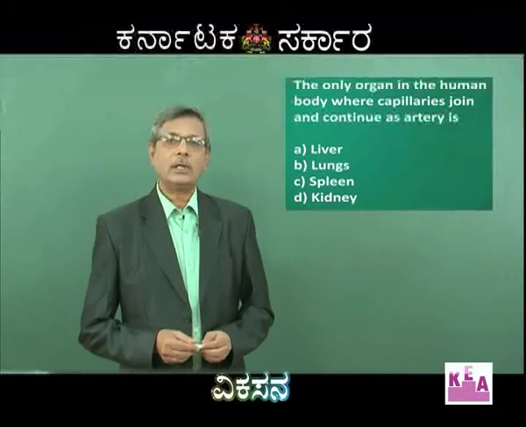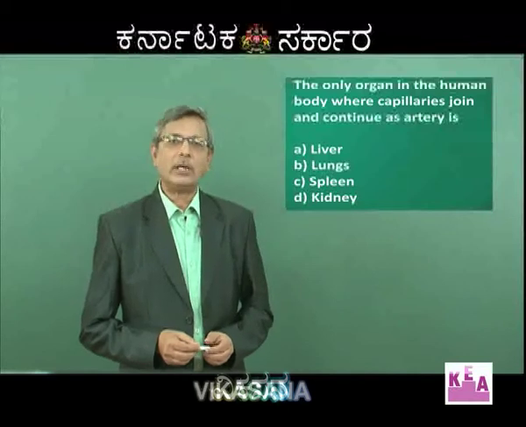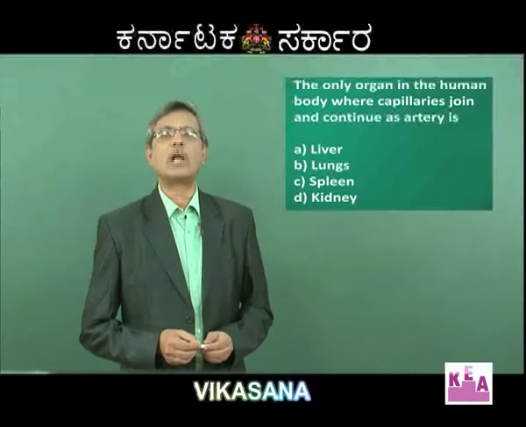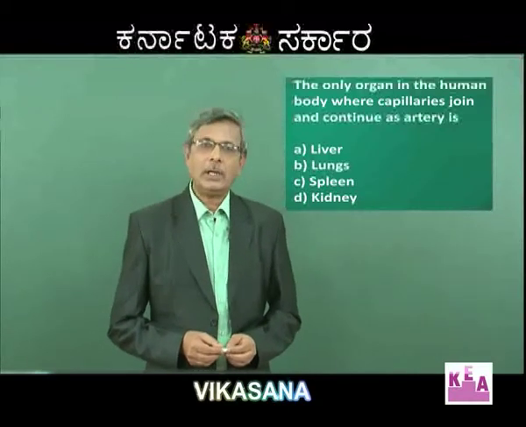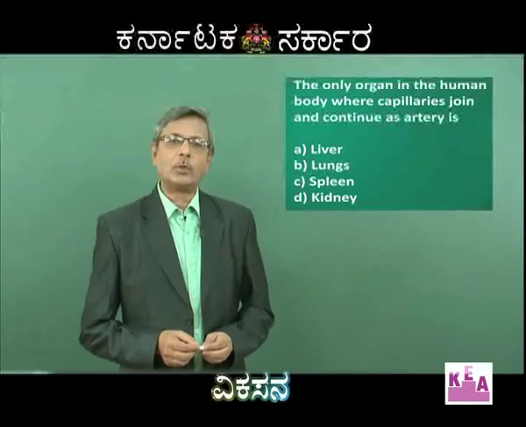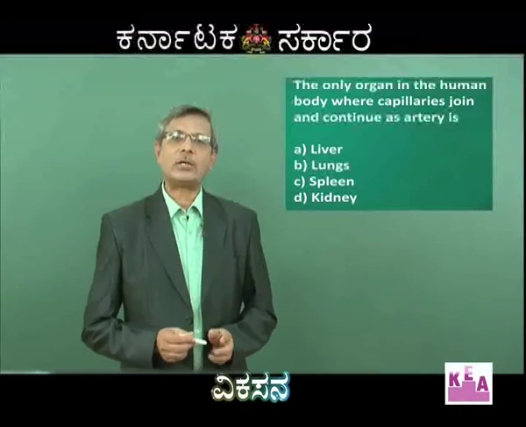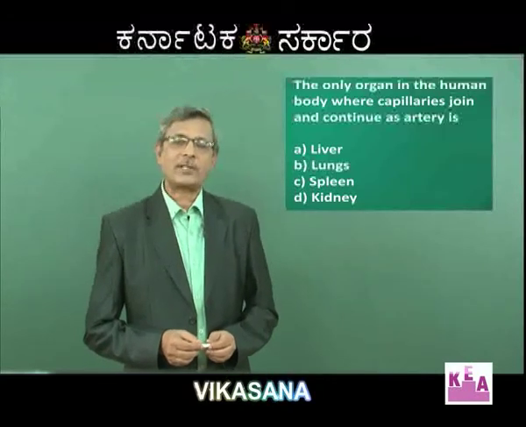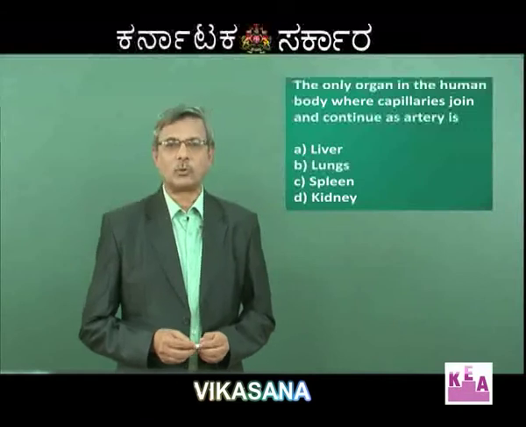When we mention renal corpuscle, we also say that it is made up of two constituents. They are namely glomerulus and Bowman's capsule. When you talk about glomerulus, we say it is a network of blood capillaries present in the cup of Bowman's capsule.